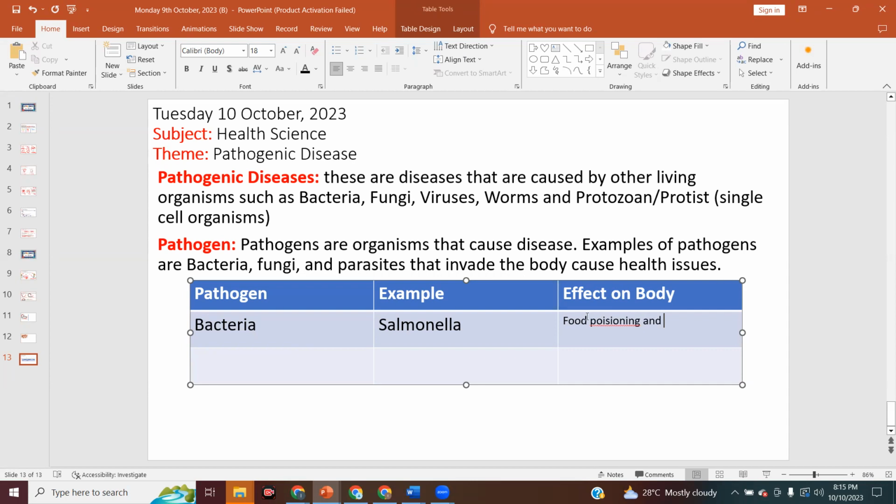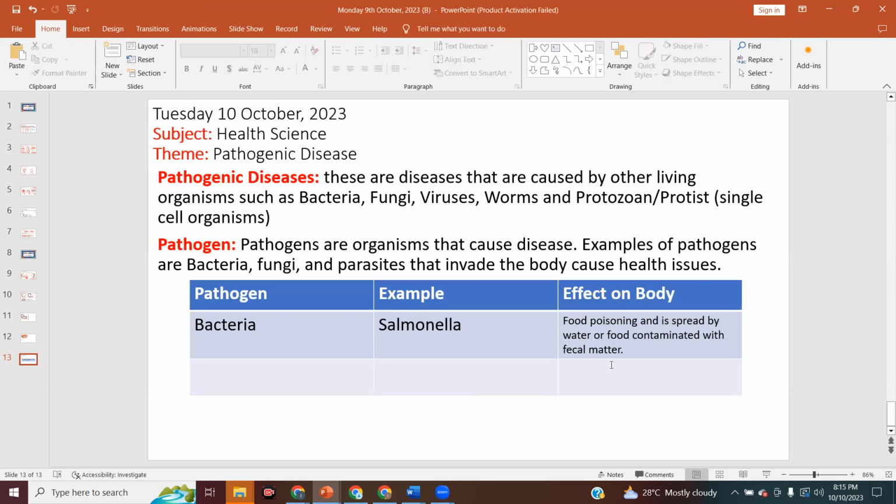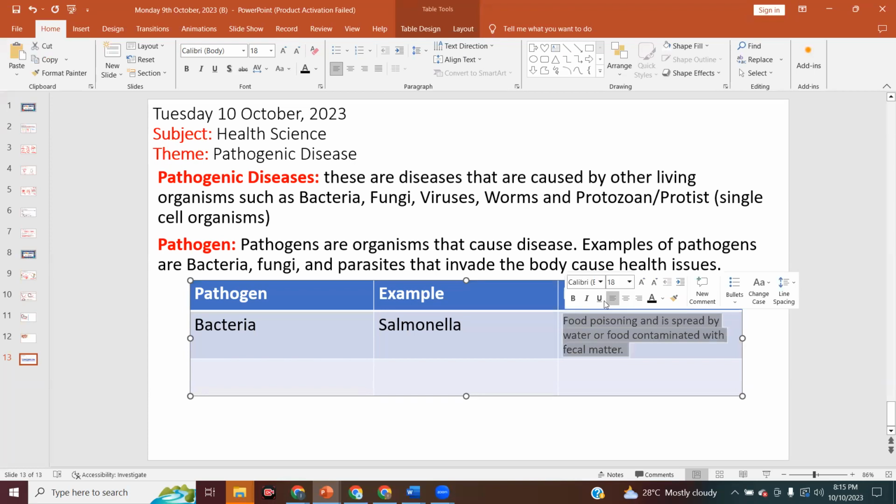And so salmonella could poison you and is spread by water or food contaminated with fecal matter. So if you're eating food and you don't know that it has fecal matter in it, why?